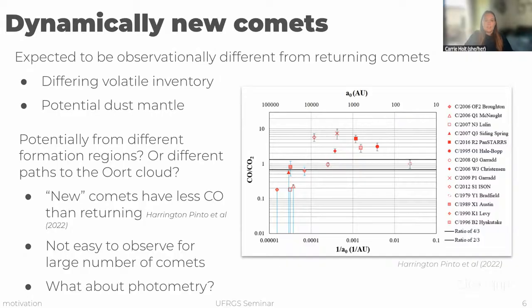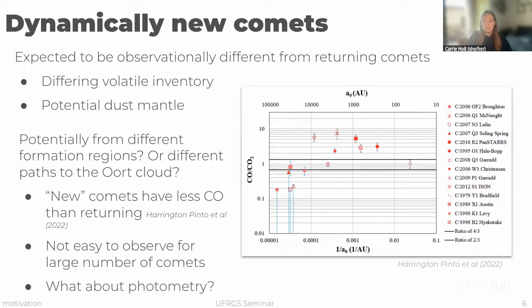In general, they could have a totally different formation region, because they are maybe in different places of the Oort cloud, with different paths to get to the Oort cloud. So looking at them observationally does make sense. This has been looked at spectroscopically for a few comets, and a study that came out in 2022, which is what this figure is showing, found that surprisingly, new comets have less CO than returning comets.